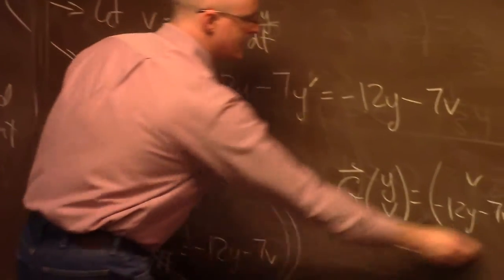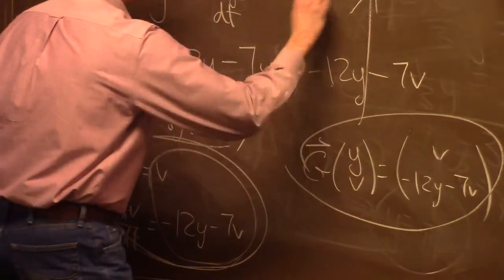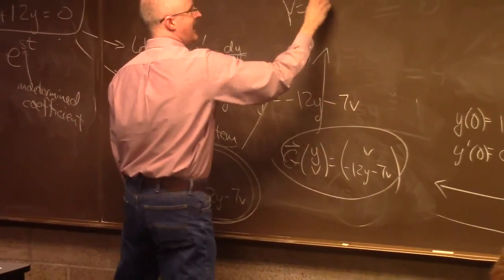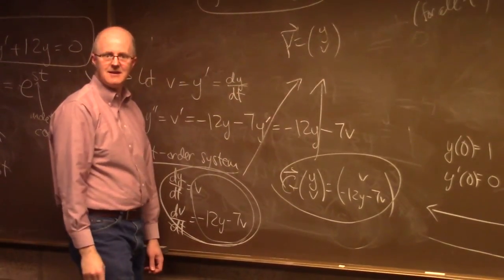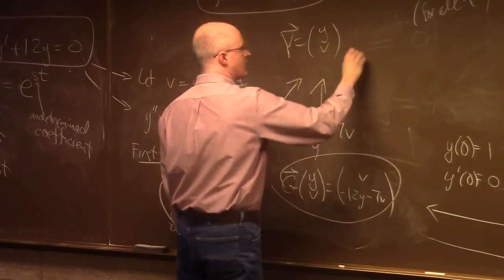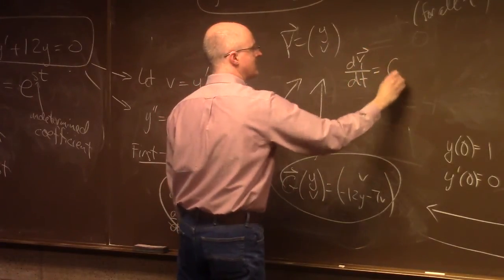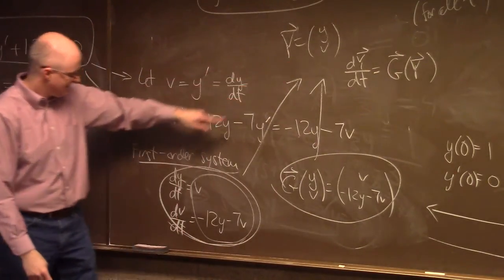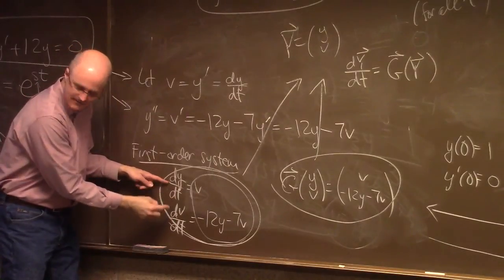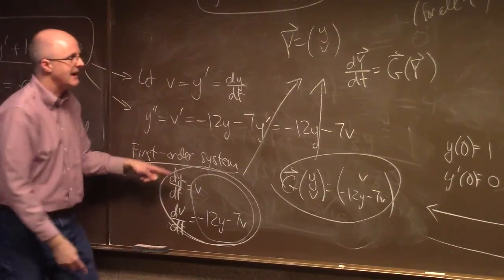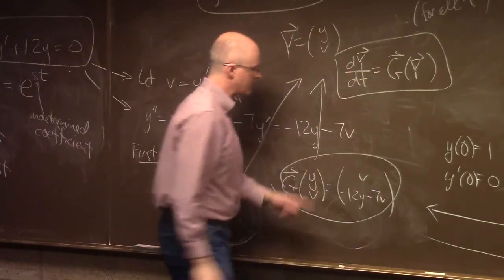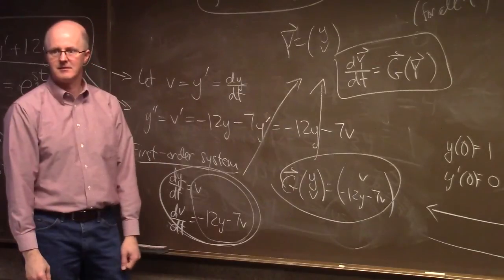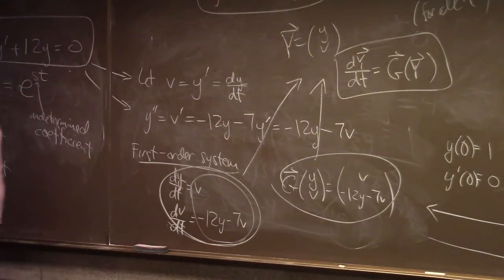If we combine these two things, and if we let capital Y be a vector whose components are little y and little v, we could write the differential equation in vector form most compactly like this. dY/dt represents a vector whose components are dy/dt and dv/dt, and G of Y represents a vector field, this vector field right there. Okay, these do take some getting used to, but once you get used to it, it's not too bad.